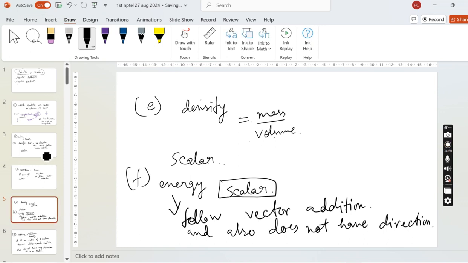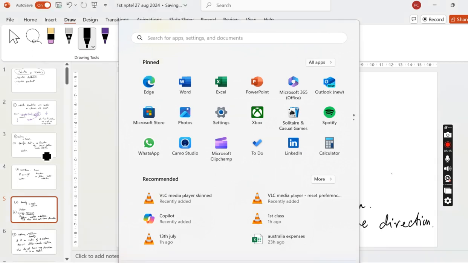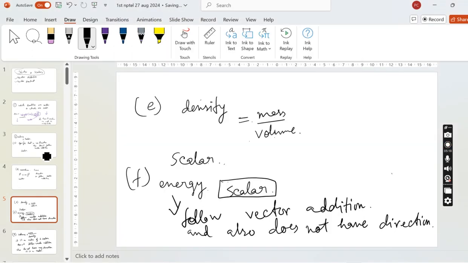Density doesn't have any direction and doesn't follow vector addition. Energy also doesn't follow vector addition, and it doesn't have a direction.